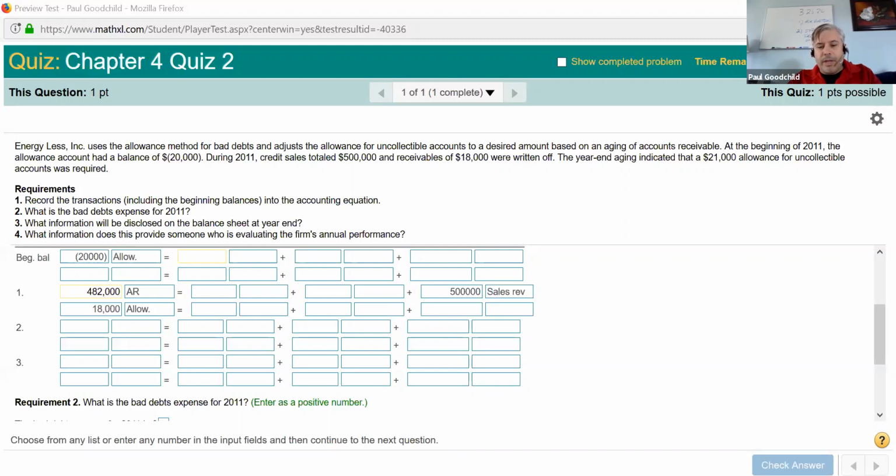That 21,000 is going to be minus a minus. So we get minus 2,000, and then we have minus a minus 21,000. And so that equals 19,000.